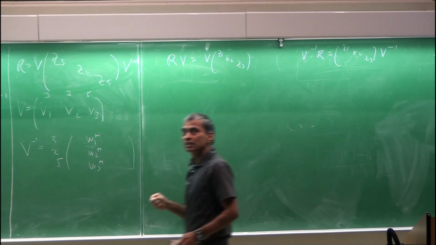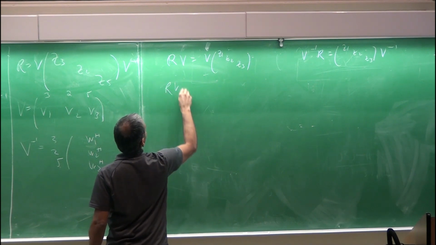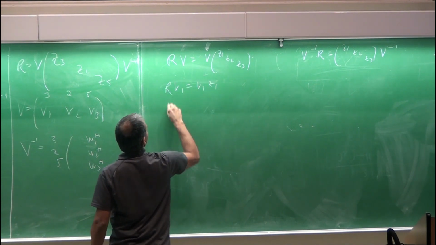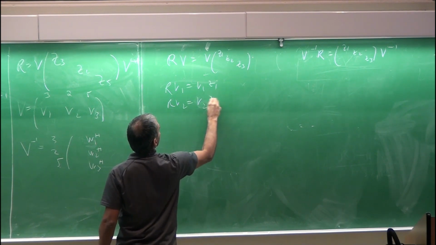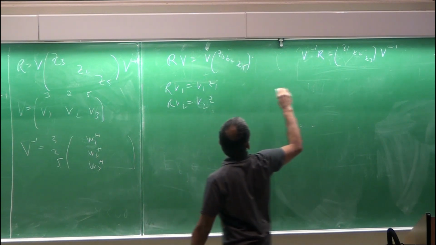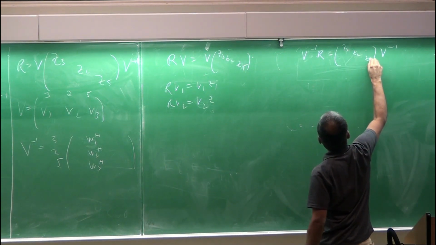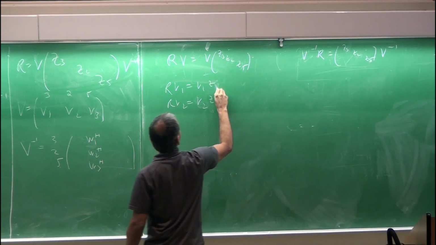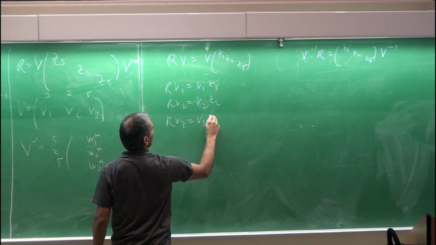You can look at it both ways. Then we realize that if you look at this block column by block column, we have something like RV1 equals V1 Z3, RV2 equals V2 Z2, and RV3 equals V3 Z5. Right, so the defining equations for these columns are in blocks.